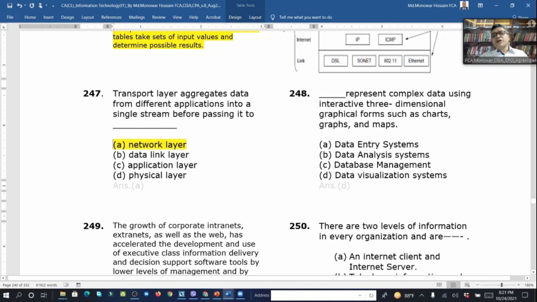Dash represents complex data using interactive three-dimensional graphical forms such as charts, graphs, and maps. So we know what is a chart, graph, and map. Here that is the data visualization system or data presentation.